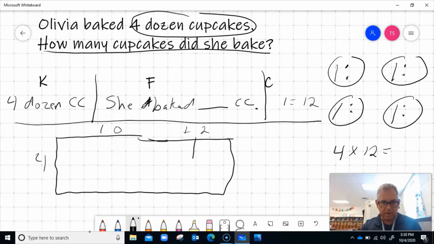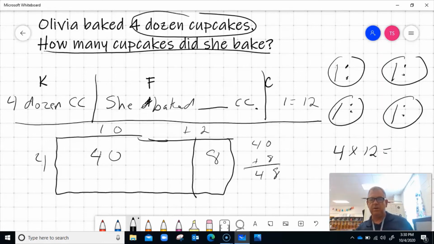So I can break down my area right here. That's a 4 by 2 model, and this is a 4 by 10 model. I know 4 groups of 10 is 40, and 4 groups of 2 is 8. So I could add 40 plus 8, and that gets me 48.